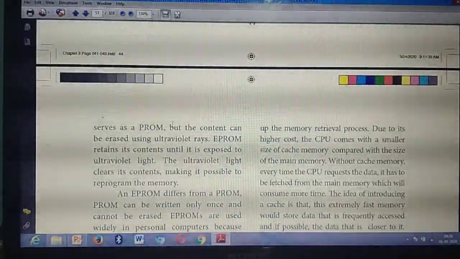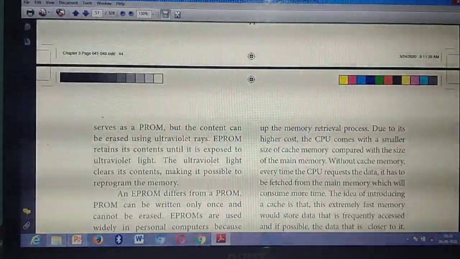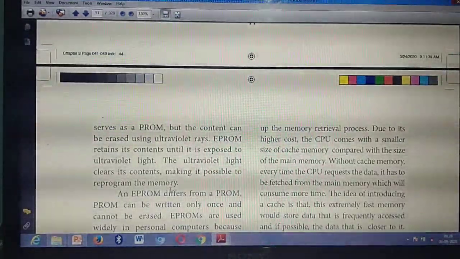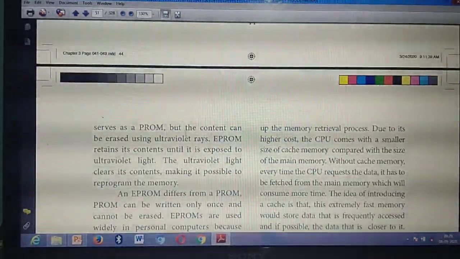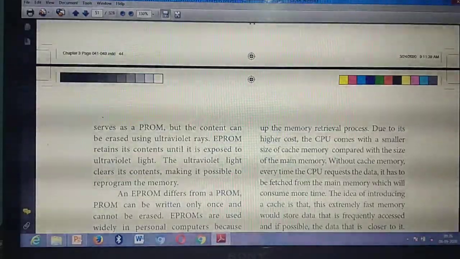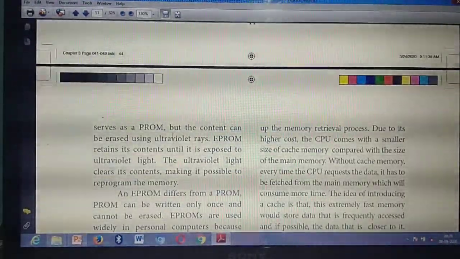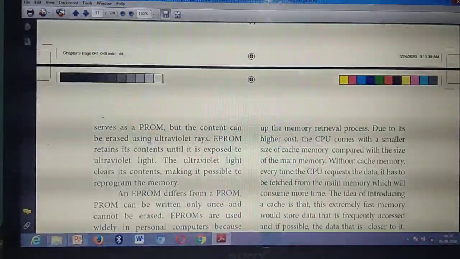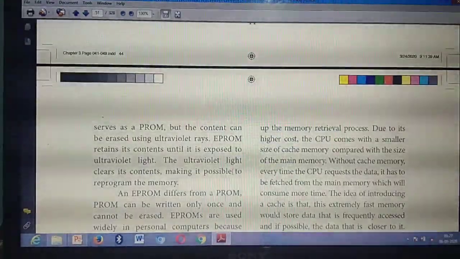The content can be erased using ultraviolet rays, up to reprogram the memory. Okay. So up to this, 2 mark questions over.